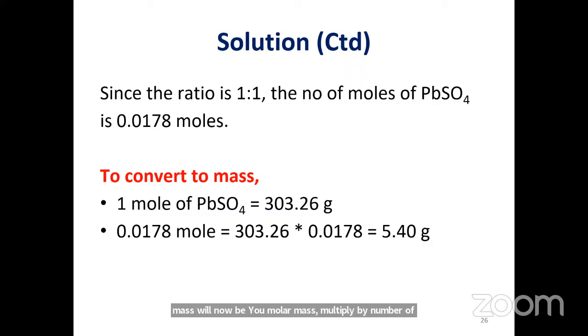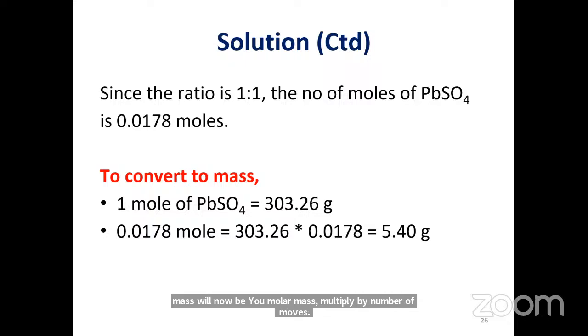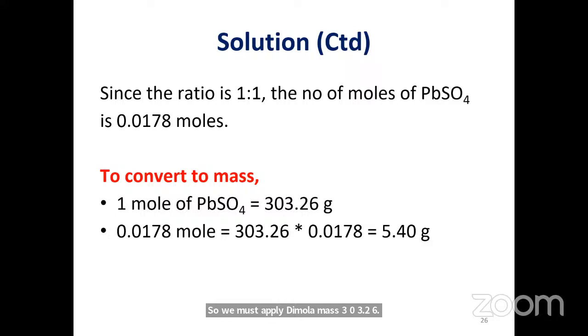We multiply the molar mass, 303.26, by the number of moles, 0.0178, and that will give us 5.40 grams of lead sulfate. Okay, so that is how we use the information provided to get the mass of the lead sulfate that is produced as precipitate.